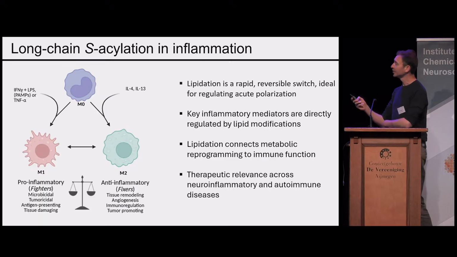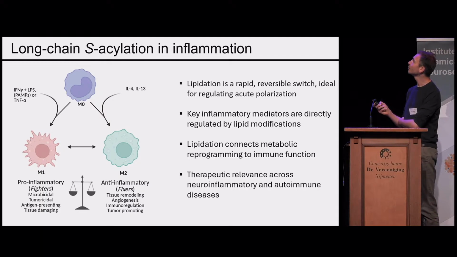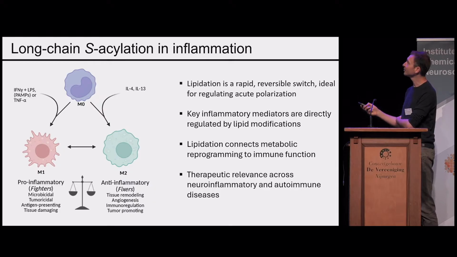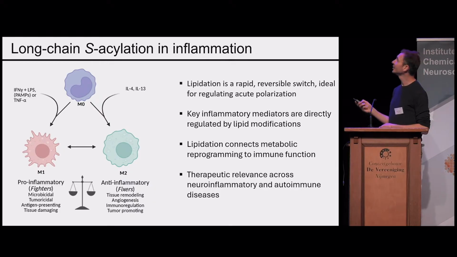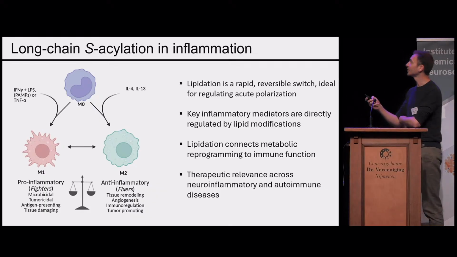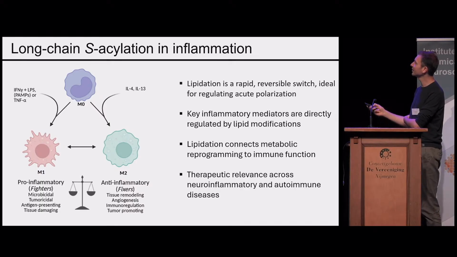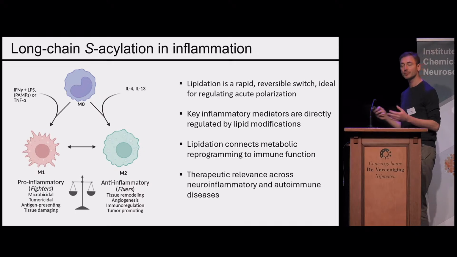One of the first areas that we looked at in protein lipidation is the inflammatory response, specifically macrophages, which are key cells in the innate immunity in response to pathogens or bacteria. They have a special role because they can be both pro-inflammatory and anti-inflammatory, and they can switch between these different states.